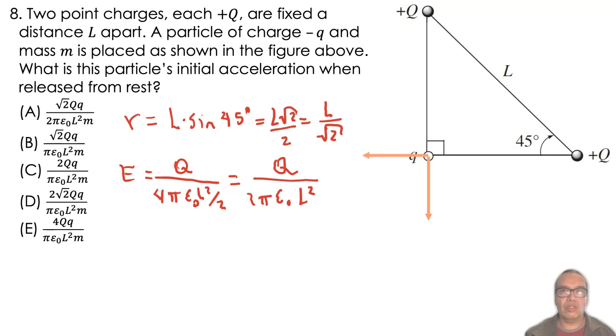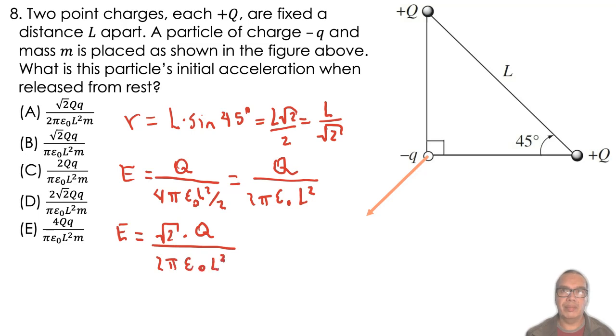Since the field vectors due to each of the charges are perpendicular, we can use the Pythagorean theorem to state that the resultant field is that quantity times the square root of 2. Therefore, we have the field as square root of 2 times Q over 2 pi epsilon naught L squared.